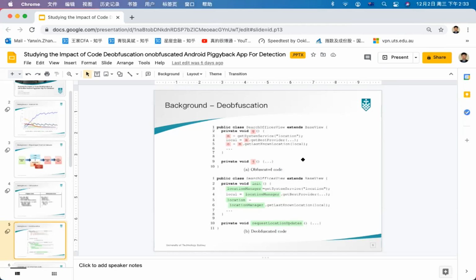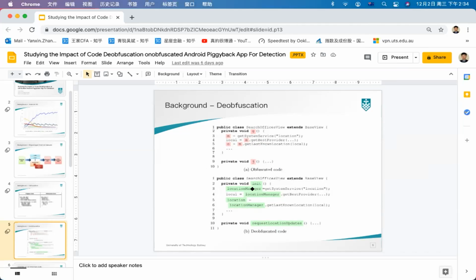Also, by doing this, it makes the antivirus engines' work effortless, right? So what deobfuscation means is simply to transfer the meaningless terms in the code into some meaningful ones.